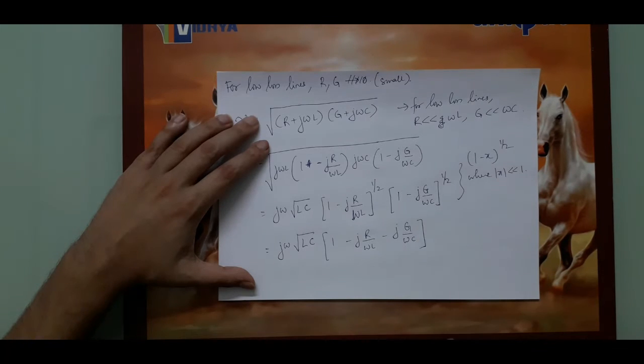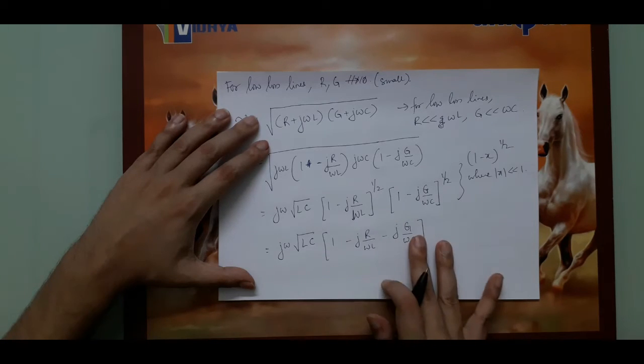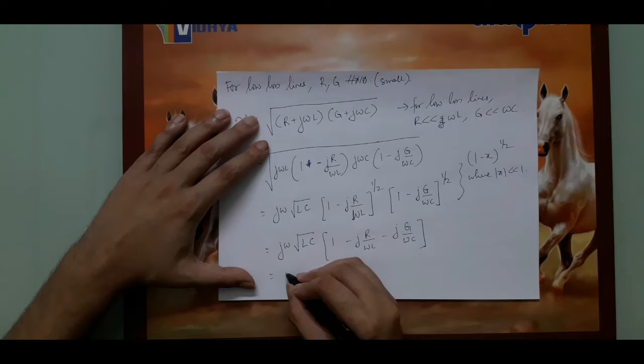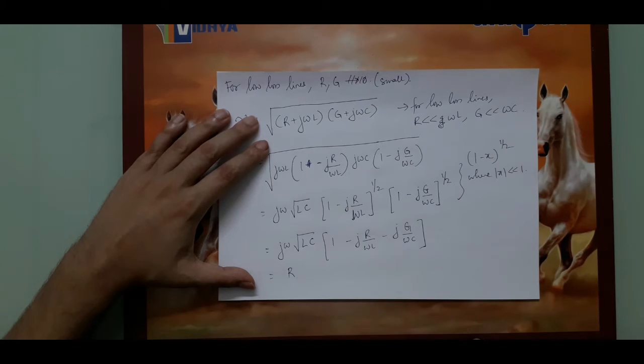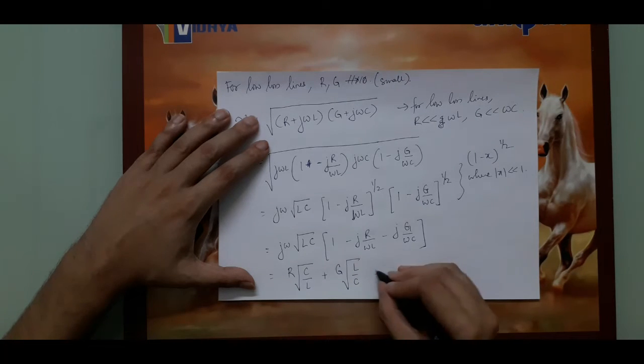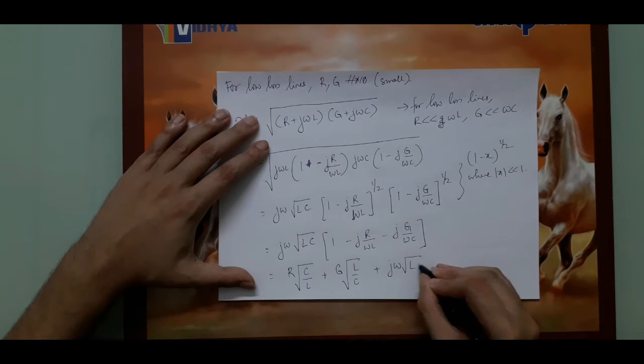So this is what we have. So if I now check this, the square root term has disappeared and I can now very easily open this bracket. So what I have now is R, if you multiply these two, the omega and omega will get cancelled out, square root of C by L plus G square root of L by C plus j omega under root LC.